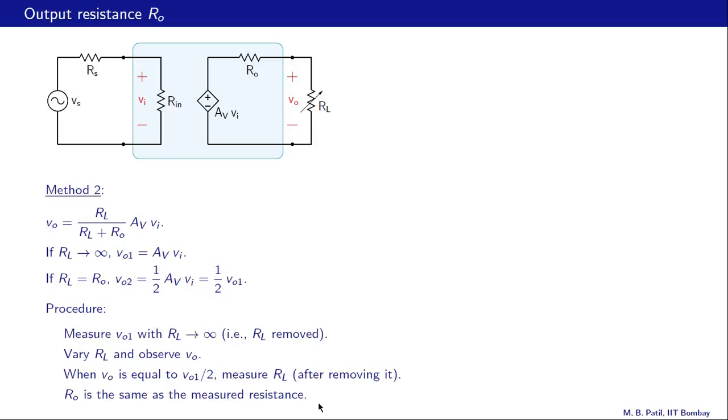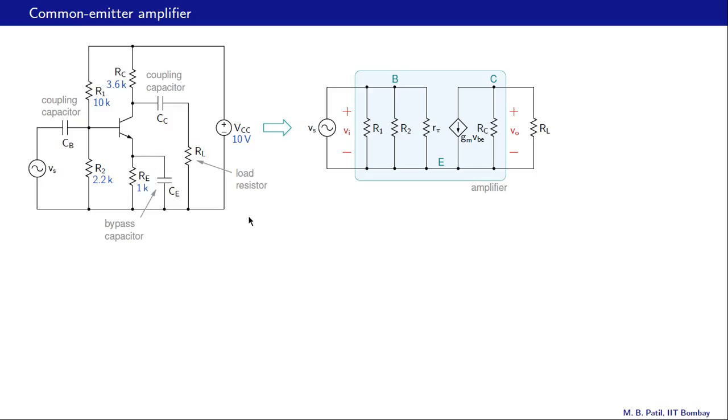Let us now find the voltage gain AV, the input resistance Rin, and output resistance Ro for the common emitter amplifier. First, we draw the small signal equivalent circuit or the AC equivalent circuit as we have done before. And now we proceed with AV, Rin and Ro.